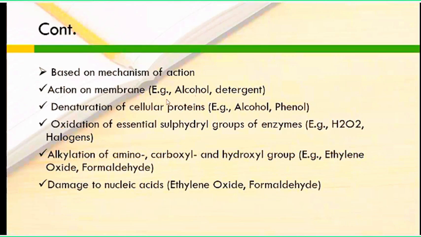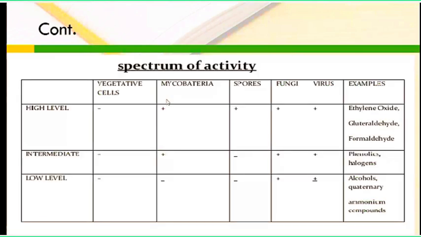Then disinfectants that cause the denaturation of cellular proteins include alcohol and phenol. Then you have oxidation of essential sulfhydryl groups of enzymes, which include hydrogen peroxide, halogens, and others. Then those that affect the nucleic acid of microorganisms include ethylene oxide and formaldehyde.